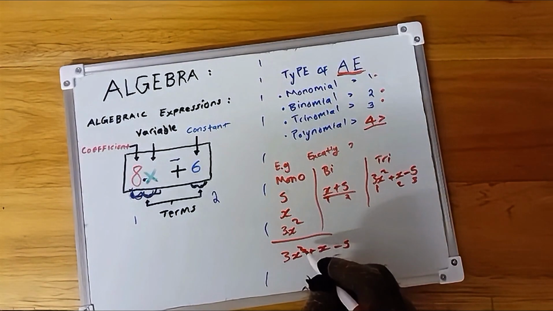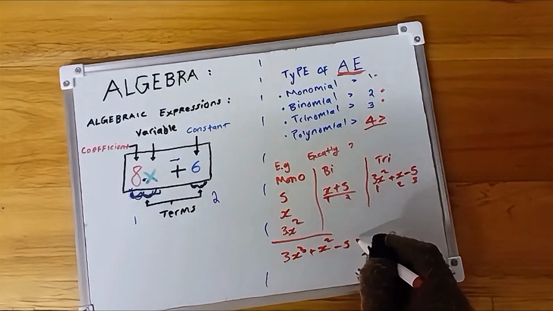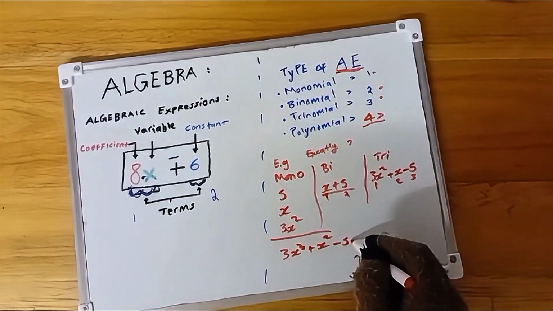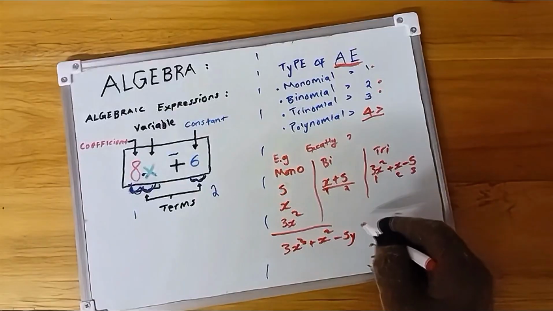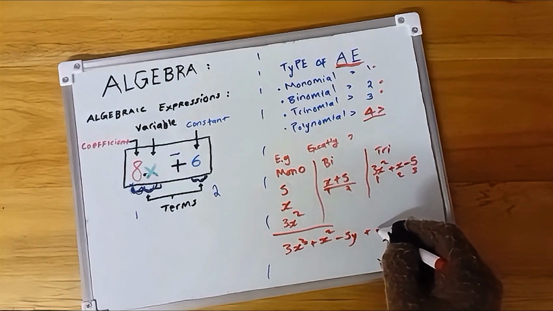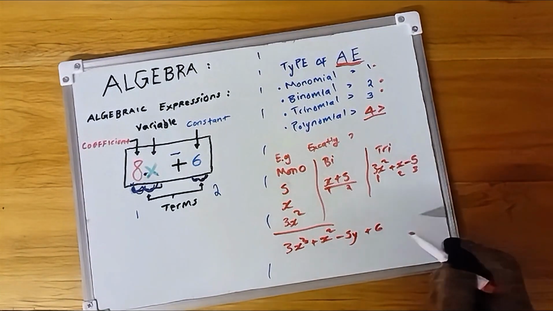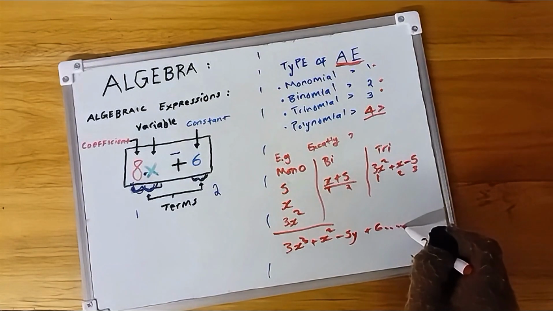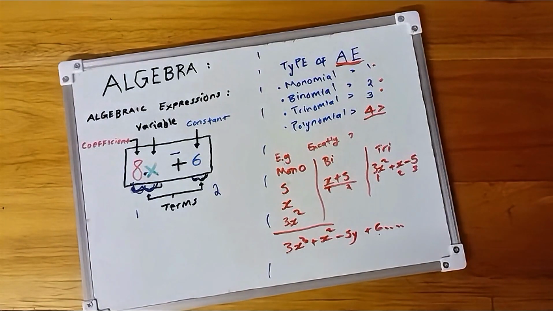Let me use a cube here, then here it's squared, then I introduce another variable of your choice, plus 6 or more, and you can keep adding going forward. This is a polynomial. It consists of 4 terms or more.